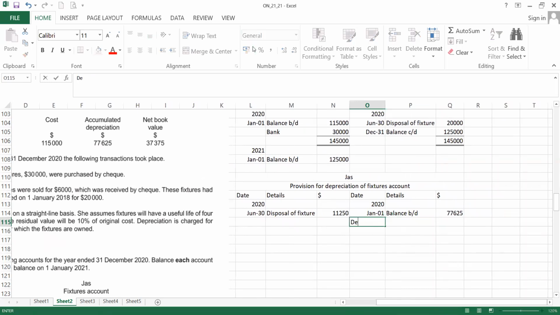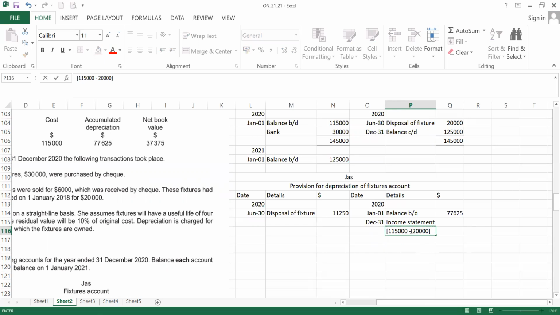So in December, when I calculate my depreciation, this depreciation will go to the income statement. First you have the old asset. So how much is the old asset? Let me put in 11,500 minus 20,000. This is the old asset that we have.